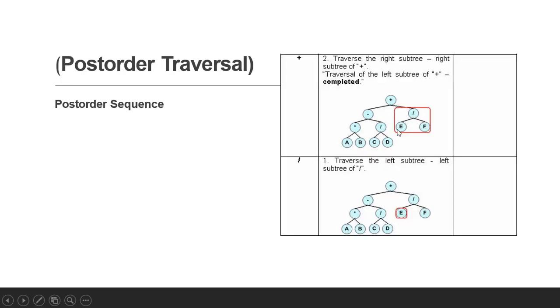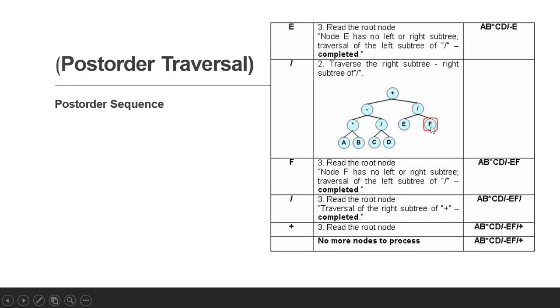On the right subtree, proceed to the left. We have to traverse from the left. On the left subtree, we have no nodes after letter E, so we have to traverse to the right.